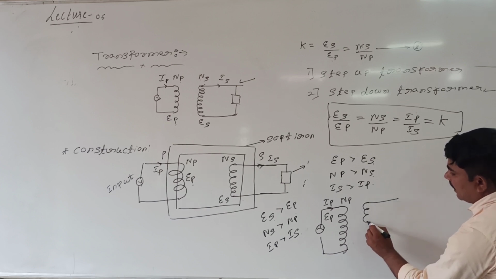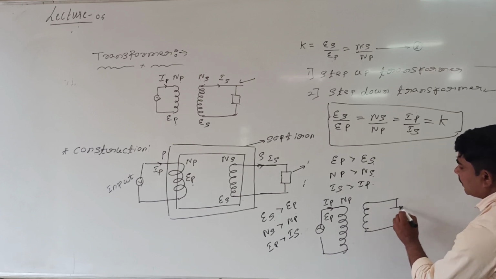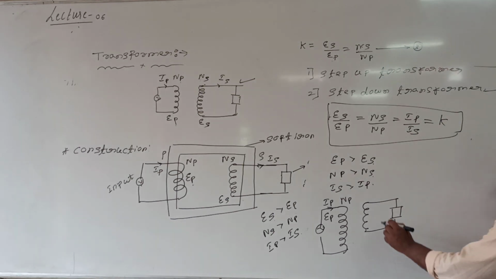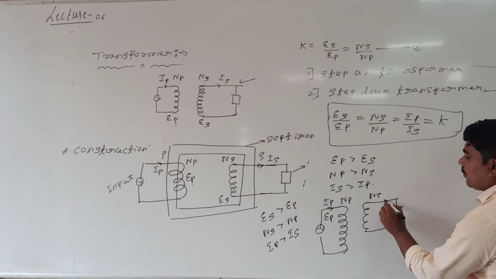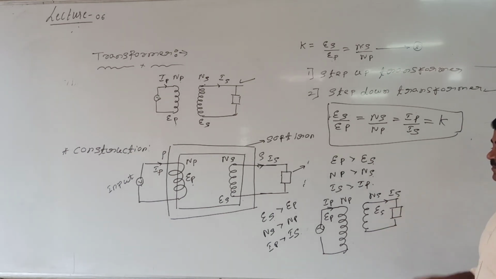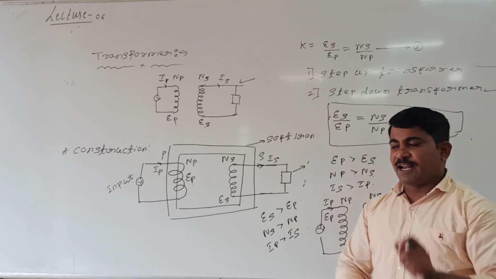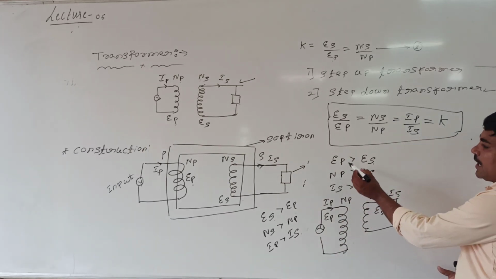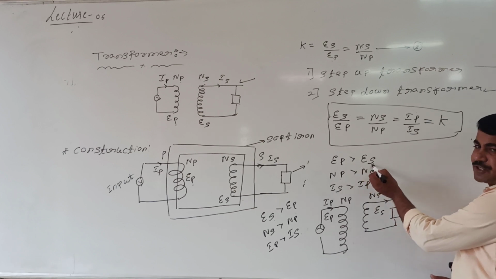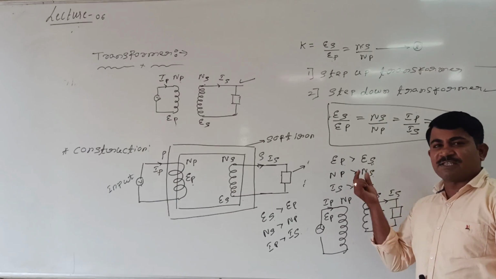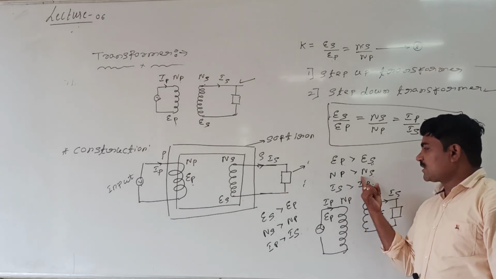The secondary coil contains fewer turns and is connected to the load, that is, the output. NS is the number of turns, IS is the current, and ES is the EMF. This is what we call a step down transformer, which converts high voltage into low voltage. EP must be greater than ES, so NP must be greater than NS.